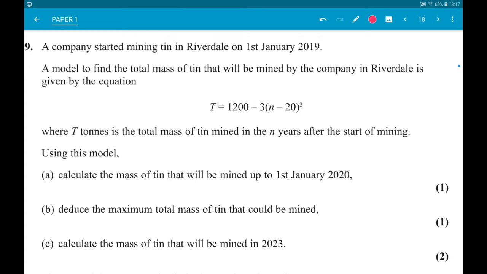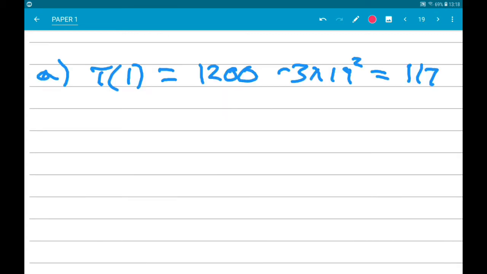So because we're subtracting that part, to get the maximum we need the bracket to equal 0. Now that's going to happen when n is 20. So when n is 20, we get T is 1200.